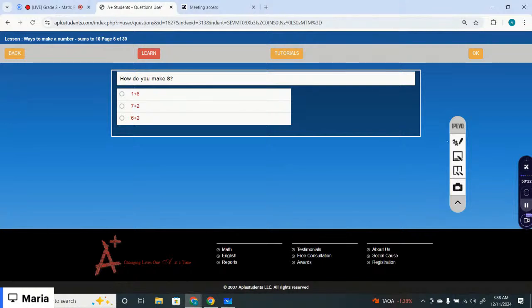Option number 3 is the correct option. That is the way to make 8. Option number 3 is the correct option. That is 6 plus 2.